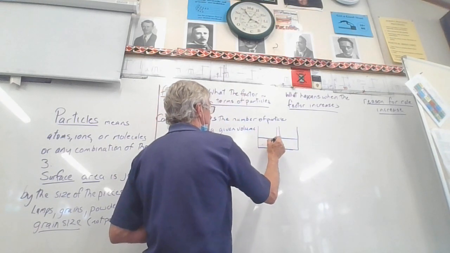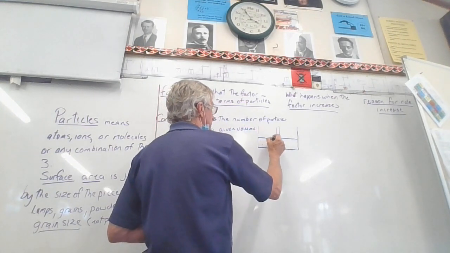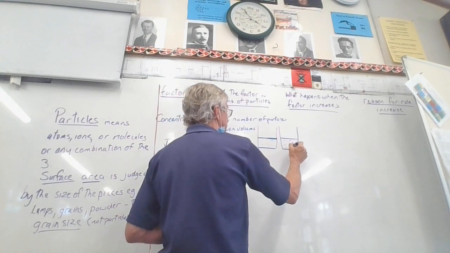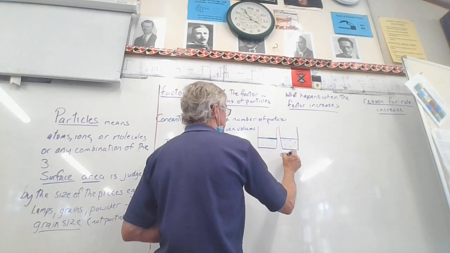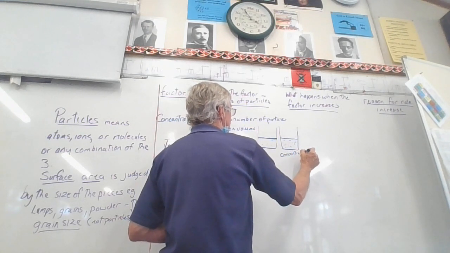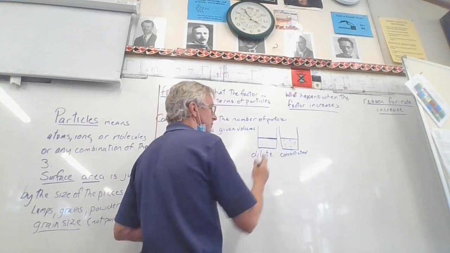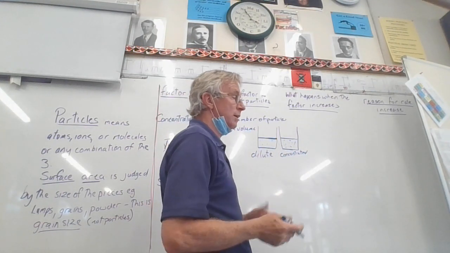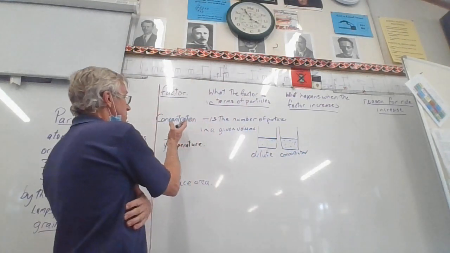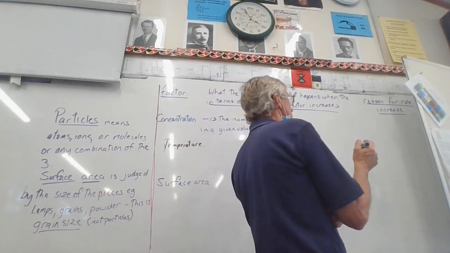So in a dilute solution, there are few particles in that same volume. And in a more concentrated solution, you have more particles in a given volume, or set volume, or the same volume. What happens when the factor increases? When concentration increases, the number of particles per litre goes up.